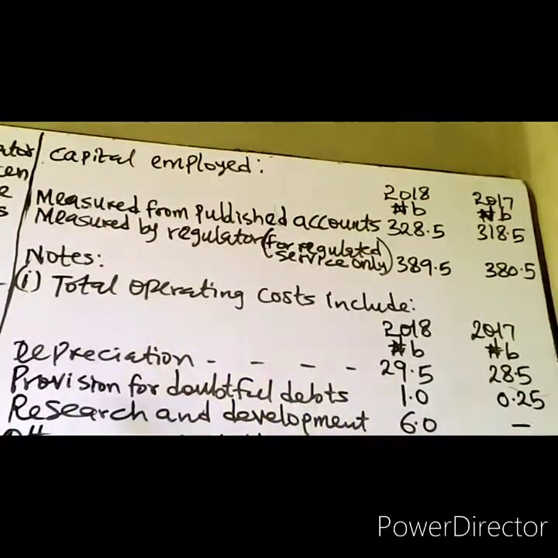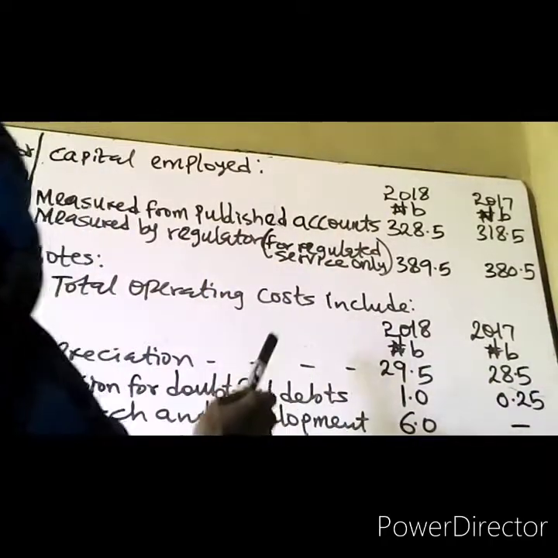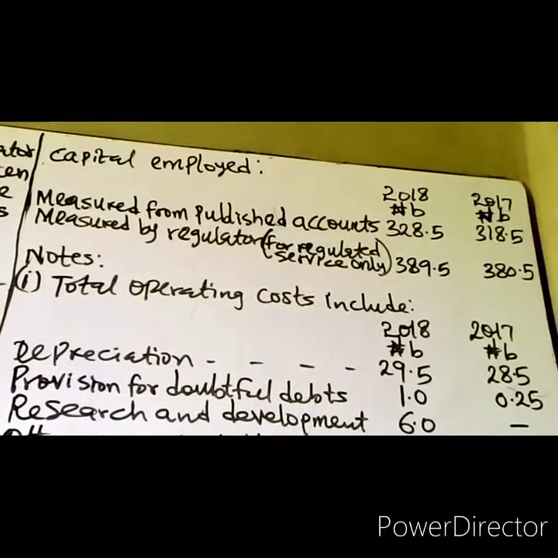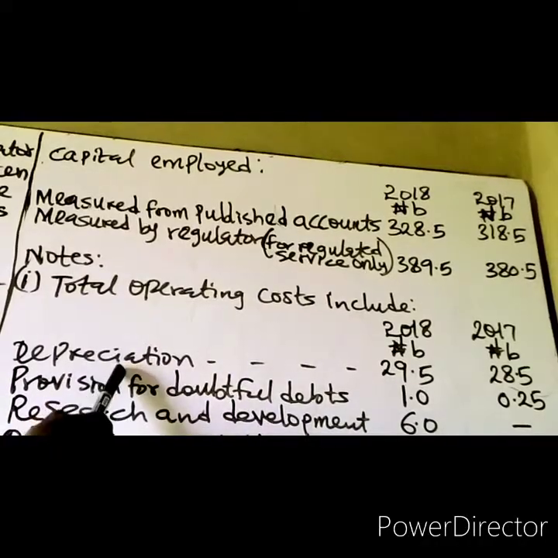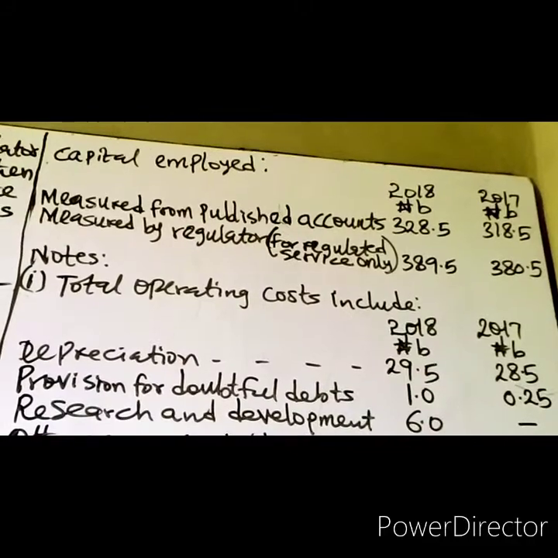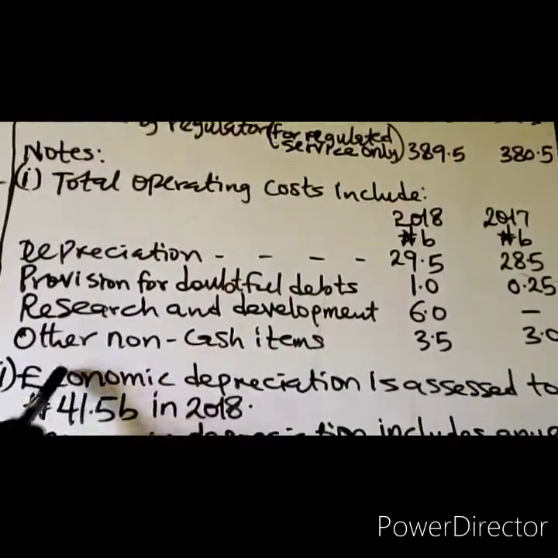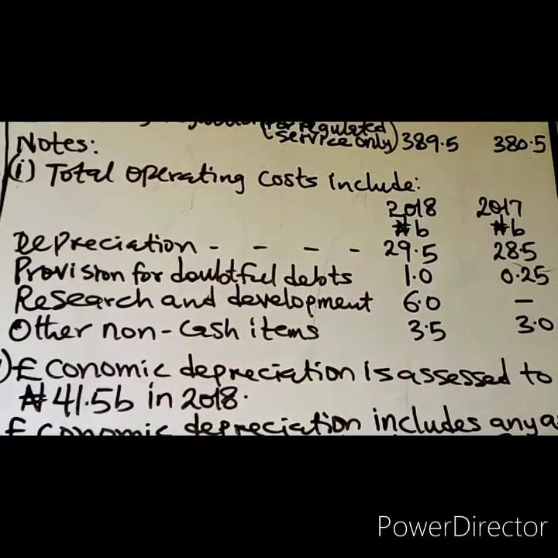You have notes. Note 1. Total operating costs include, we are given for 2018 and 2017, depreciation, provision for doubtful debts, research and development, and other non-cash items.